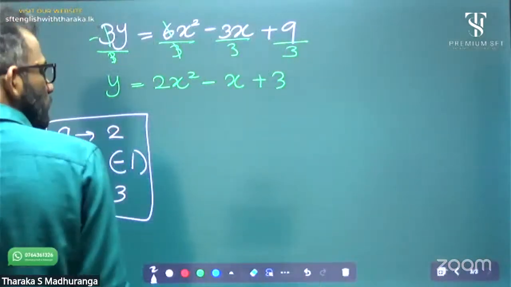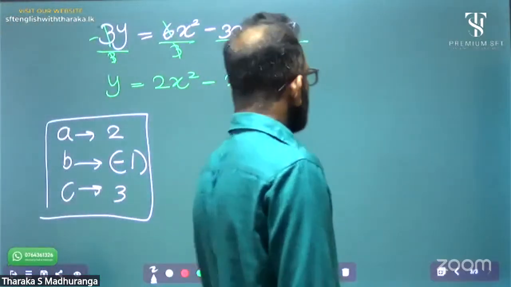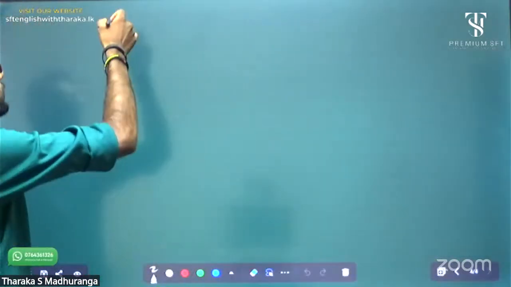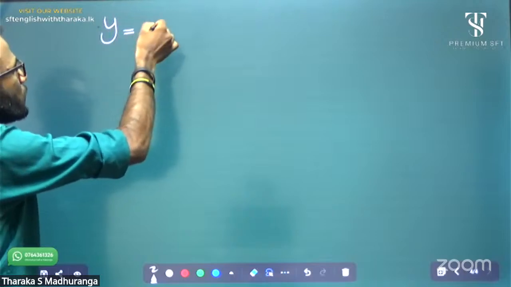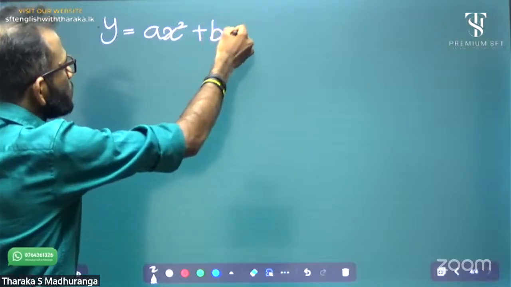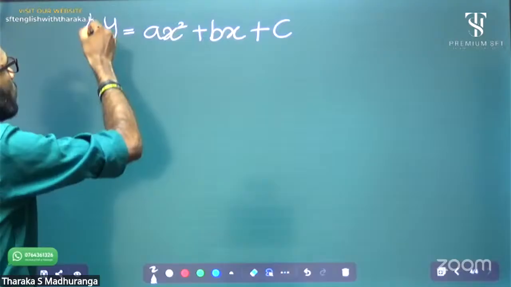Okay. Now, think this is the common order. What's the common order for quadratic functions? Y equal ax squared plus bx plus c is the common order.